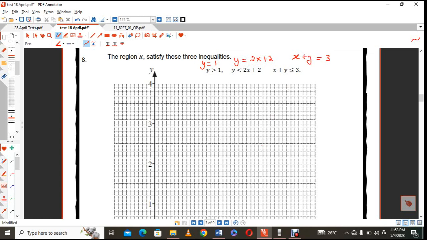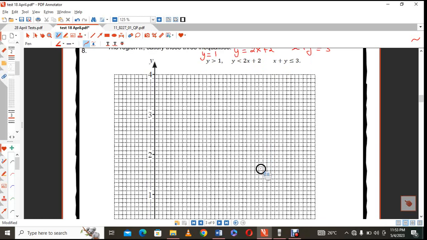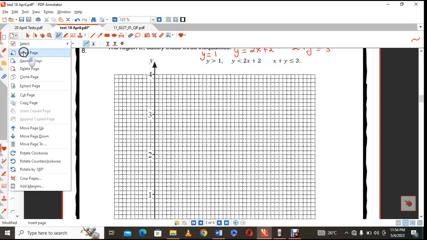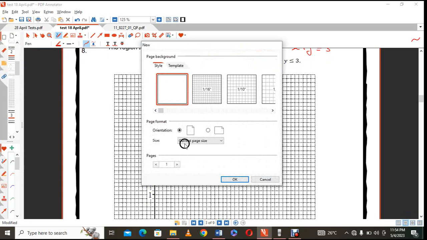Okay, so here's the thing that I want you to remember, and I'm just going to bring in a page. I'm going to insert a page. Let's say we're going to take something like that.